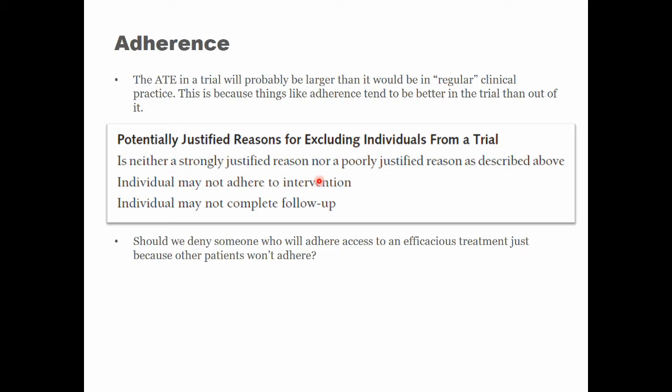And so people then argue, well, sure, you've estimated that this drug works and it works well, but when we actually apply it in practice, what's going to happen when people don't adhere as well as they would in the clinical trial, right? So that becomes a concern for people. The kind of response to that, which I find extremely convincing, is it doesn't seem very fair to deny people who would adhere access to an efficacious treatment just because there are other people who might not adhere.